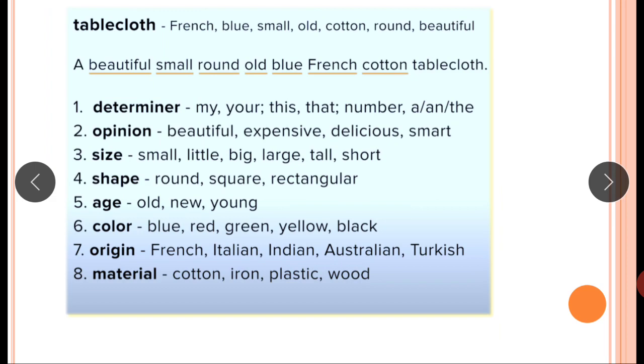And then color, that's why we have written blue there. And the origin: it is a French tablecloth, Indian tablecloth or Australian tablecloth or something like that. And the last one is material. So this is how we need to arrange the adjectives if there are more than one adjective in a sentence.